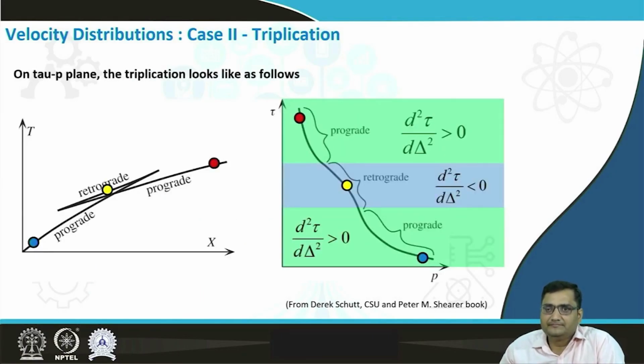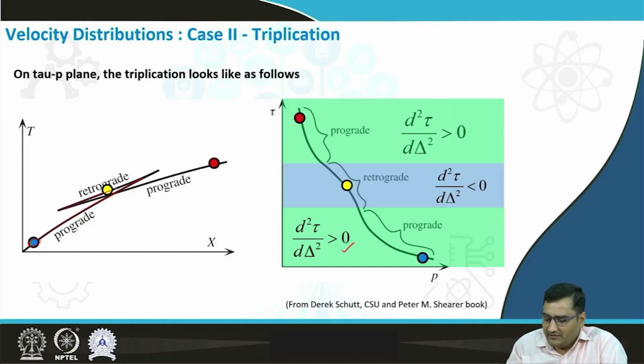And in terms of intercept and the ray parameter, you will see that on the forward branch associated with prograde motion, there is this blue color dot which can be seen on the prograde motion plot, where del square tau by del delta square is greater than 0.